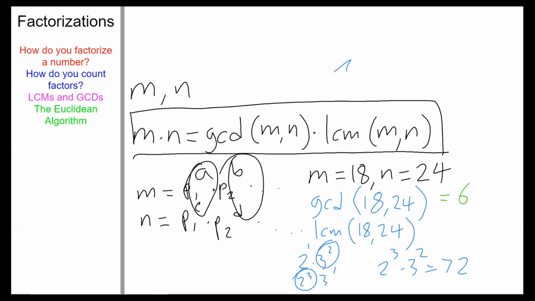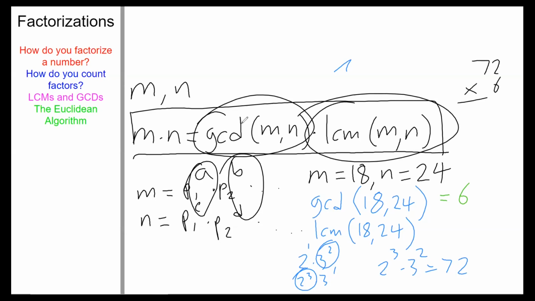So what happens when you follow this equation and multiply 6 and 72 together? Well, what is 6 times 72? If we do a little math on the side here, 72 times 6, you get 432.